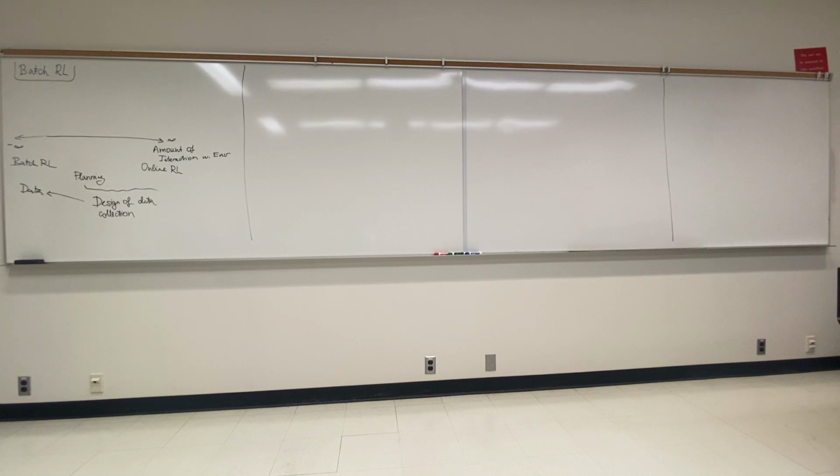How does this differ from, let's say, online RL with a warm start? You're given some data, and... Oh, the online RL with a warm start would be that once you unleash your system, it learns. In batch RL, okay, that's a possibility, but that's not what we're talking about.